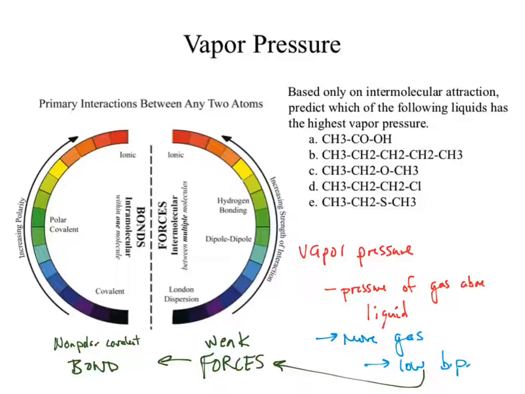Because I just said the best answer is nonpolar covalent, I want to go through and look at those and hope and pray that I have a simple answer, that I only have nonpolar covalent bonds in one of those answers, and that all of the other answers have some other type of bond. Because some other type of bond is going to result in what? Some other type of force, and all of those forces are stronger. I want the weakest force possible. Kind of make sense?